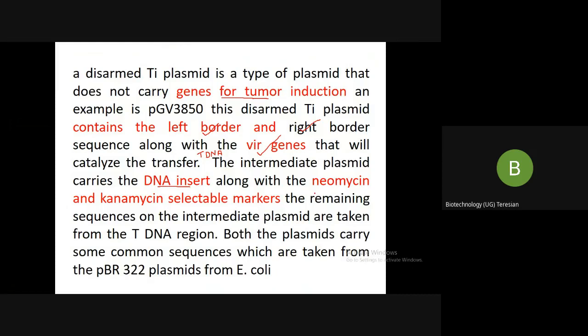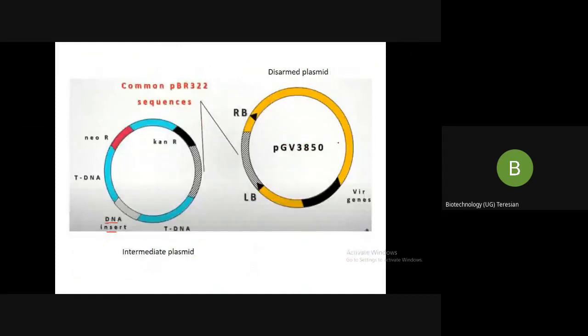So along with the neomycin and kanamycin selectable markers, the remaining sequences on the intermediate plasmid are taken from the T-DNA region. Both the plasmids carry some common sequences which are taken from the pBR322 plasmid from E. coli. We spoke about our disarmed plasmid and our intermediate plasmid.